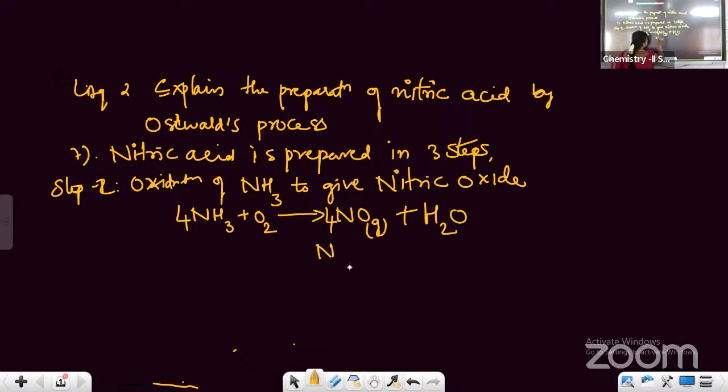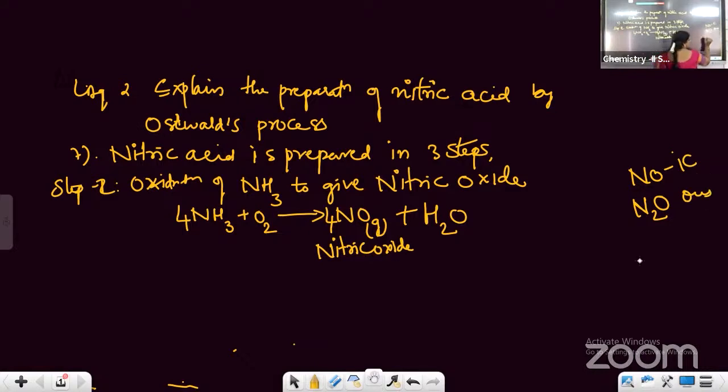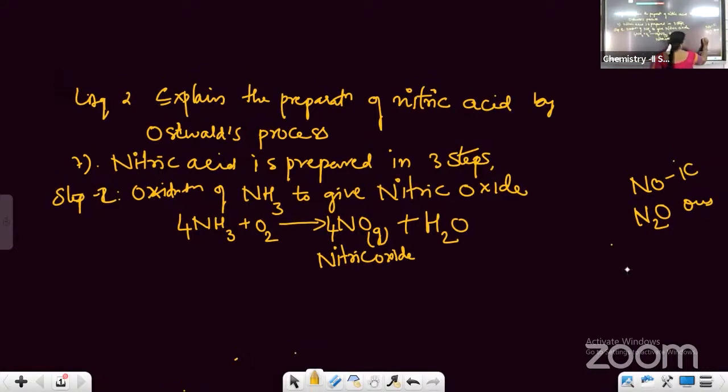So this is your nitric oxide. Okay, boys, don't get confused. So you are having NO and N2O. So this is ic acid, nitric acid. This is ous acid, nitrous acid. So we know that higher oxidation state will end with the suffix ic, whereas lower oxidation state will end with the suffix ous.